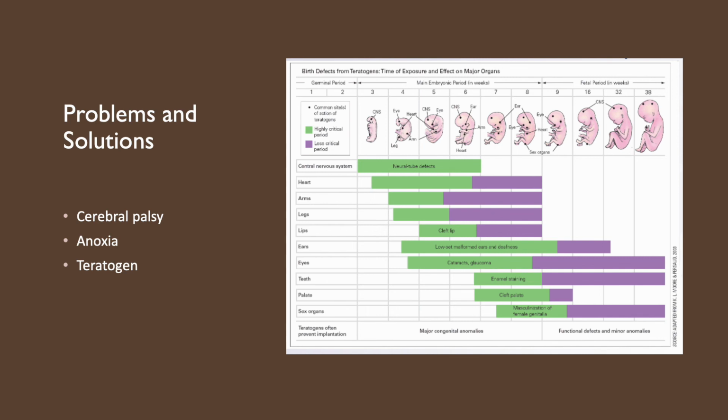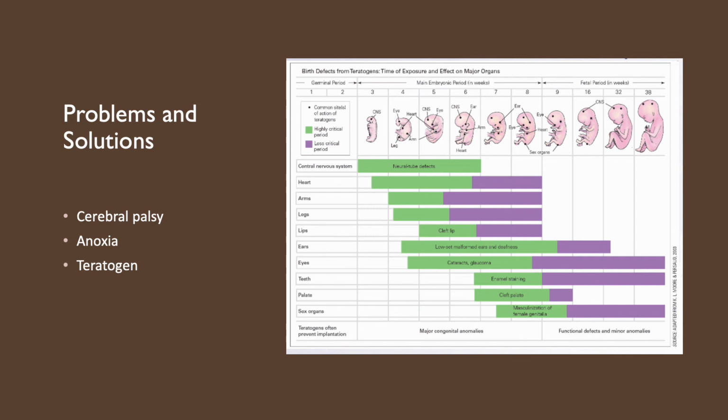One of the reasons we do extensive studies on drugs before allowing them to be prescribed is because of the use of thalidomide in the 1960s. It caused stunted or missing limbs in over 1,000 babies. It made us very aware of the dangers of drugs during pregnancy.